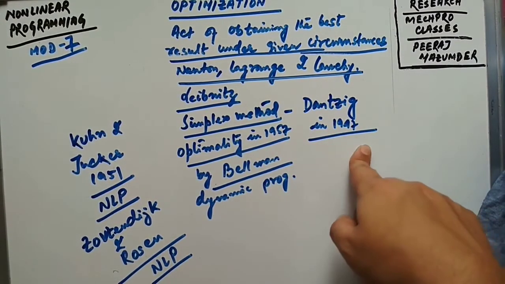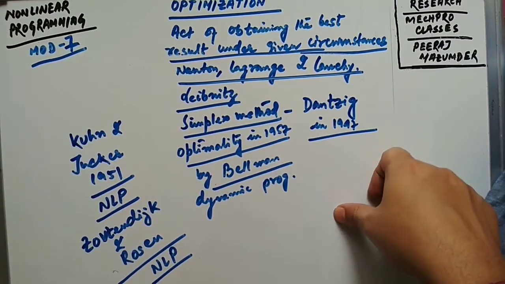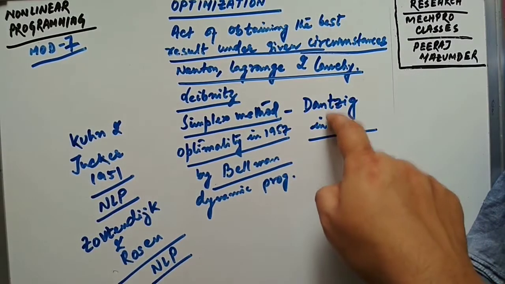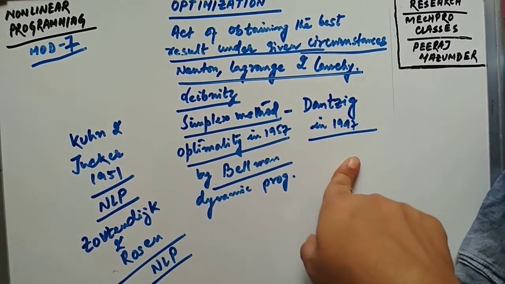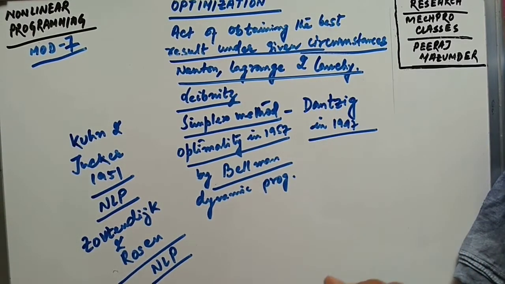So what was the year? Maybe there may be such a question, but since this is in your syllabus, you must know at least the name of the scientist who developed this particular simplex method. So this is all a brief introduction or background of optimization techniques.